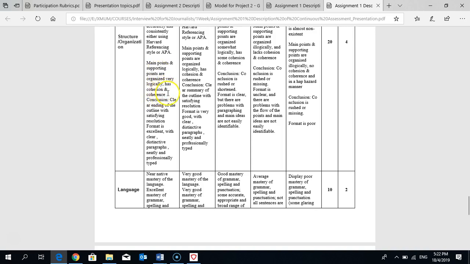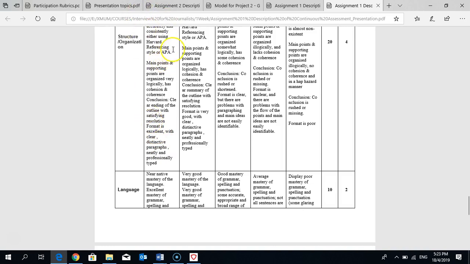Main supporting points are organized very logically and has cohesion, coherence, conclusion. In the conclusion, you have a clear ending of the outline with satisfying resolution. Format is excellent with clear, distinctive paragraphs neatly and professionally typed.